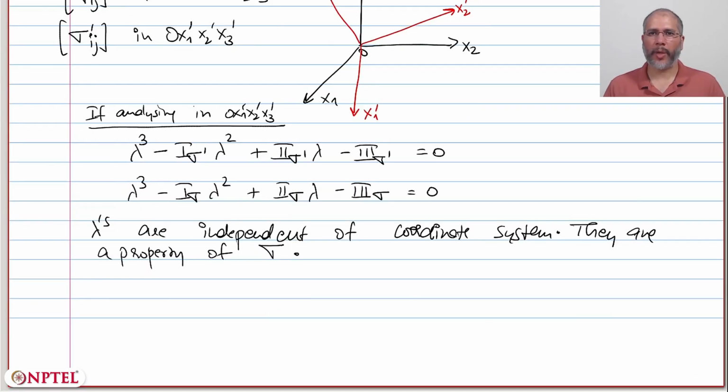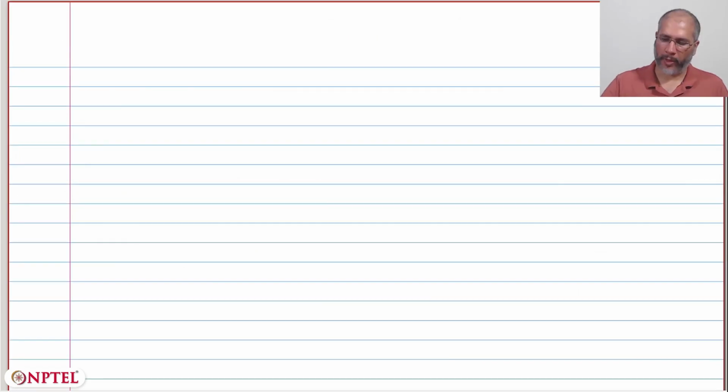And we know that the quantity sigma denotes something physical from an application point of view. So its eigenvalues also have some physical significance, and they should not be changing with the change of coordinate system. And that is what we have shown. So now that we have established the fact that the eigenvalues are coordinate independent, they are purely a property of the physical quantity sigma, let's figure out what they are.